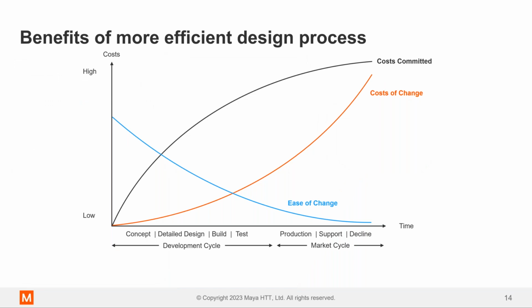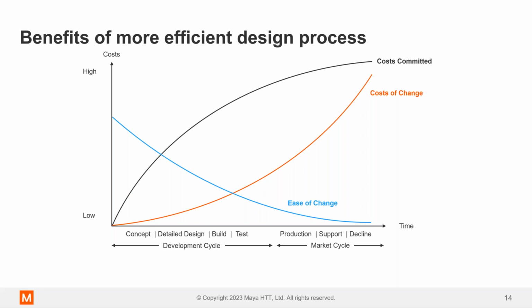So if we take a bit broader step back, what are the benefits of a more efficient design process? You've probably seen variations of curves like this out there, but it's the idea that during the product development life cycle, as you go deeper into it, the longer you're on the cycle, the more costs are committed to the project.